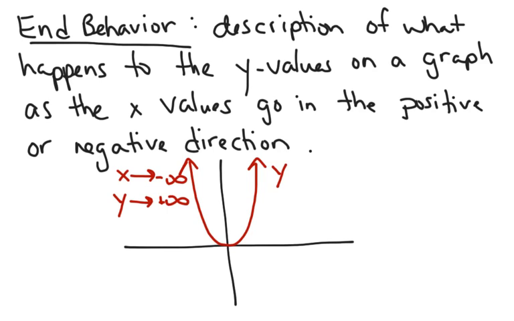In the positive x direction, this is the side of the graph where the x values are getting more and more positive. This graph, again, is going up, so the y values are getting more and more positive. So we say as x approaches positive infinity, y approaches positive infinity.